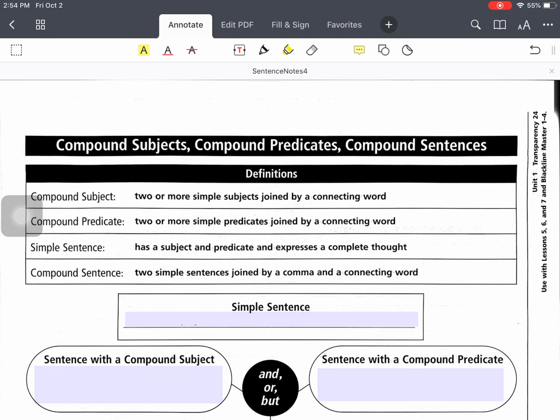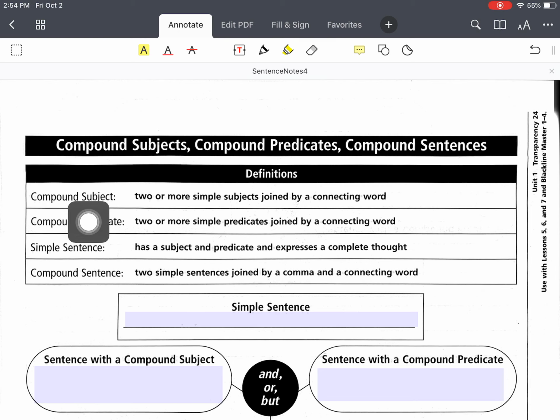Okay. Now we are going to talk about 4 different types of sentences today, and the first one that we're going to talk about is sentences with a compound subject. If a sentence has a compound subject, that means that it has 2 or more simple subjects joined by a connecting word. And when they say connecting word, they actually mean a conjunction, which we'll talk about a little bit later.